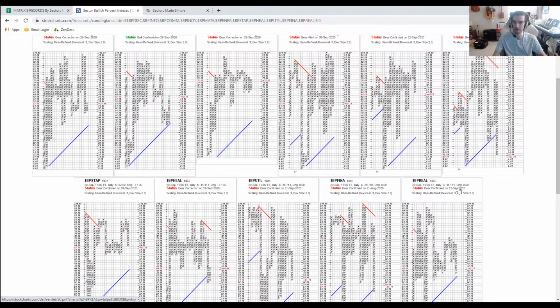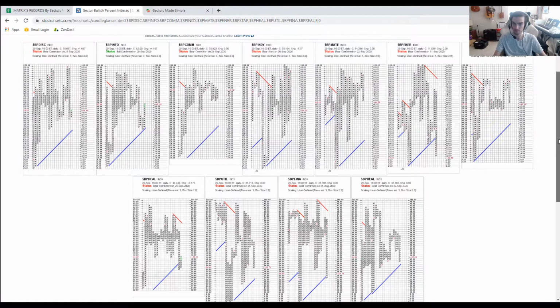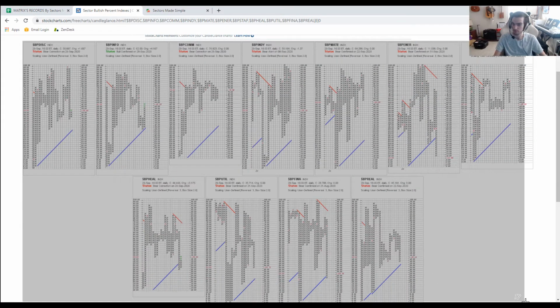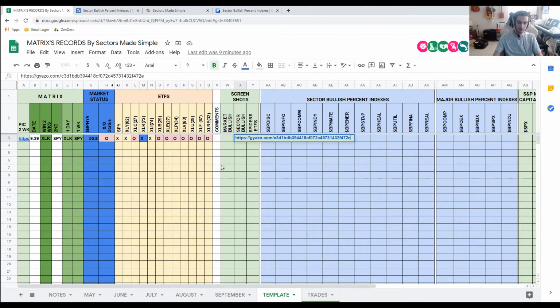Zoom out a little bit so we can get a nice picture of everything. Take our screenshot, copy, and this is where we're going to put sector bullish. We'll put that screenshot there.